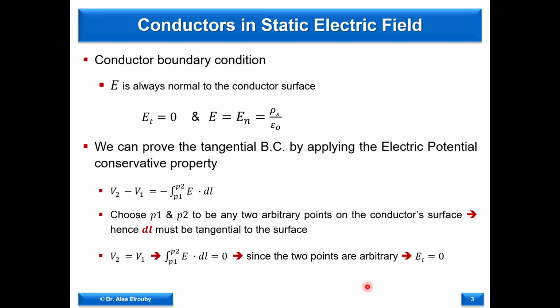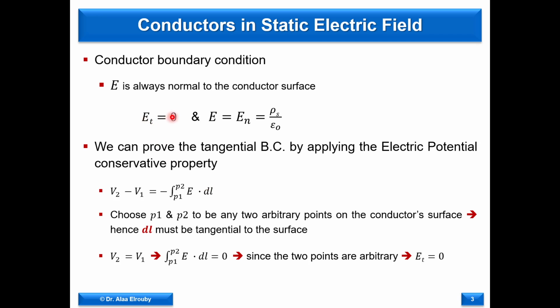The boundary condition is that E tangential equals 0, and the electric field at the surface only has a normal component. This normal component equals rho s divided by epsilon naught, where epsilon naught is the dielectric permittivity.